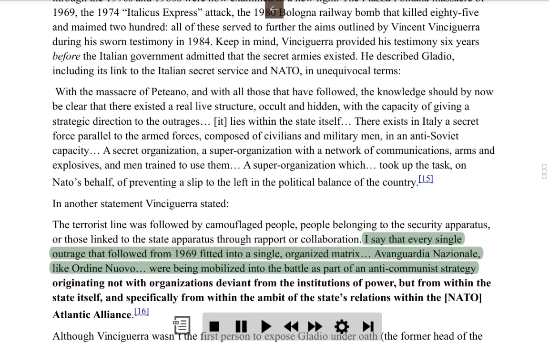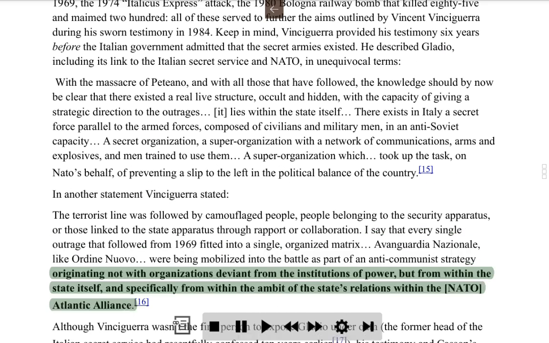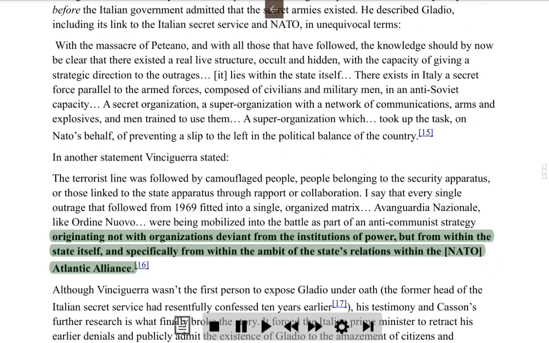I say that every single outrage that followed from 1969 fitted into a single, organized matrix, Avanguardia Nazionale, like Ordine Nuovo, were being mobilized into the battle as part of an anti-communist strategy, originating not with organizations deviant from the institutions of power, but from within the state itself, and specifically from within the ambit of the state's relations within their NATO Atlantic Alliance. 16.